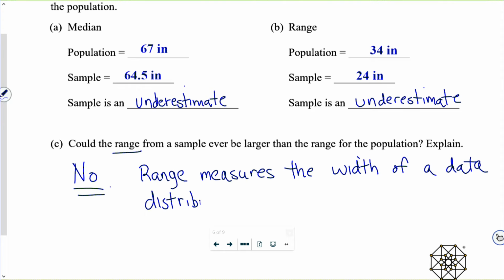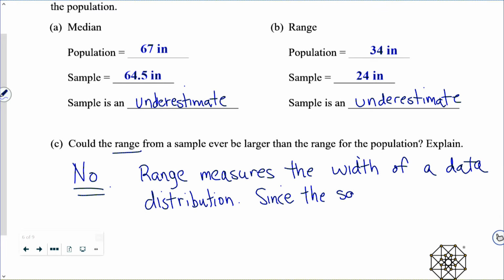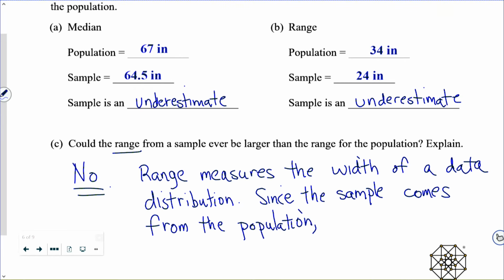Since the sample comes from the population, it can't have a larger width.